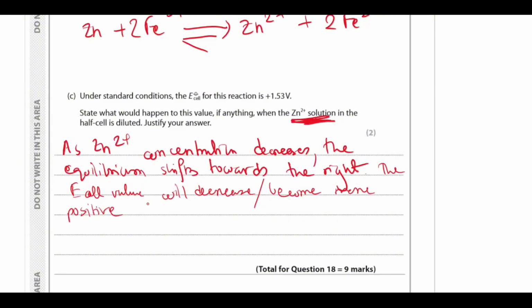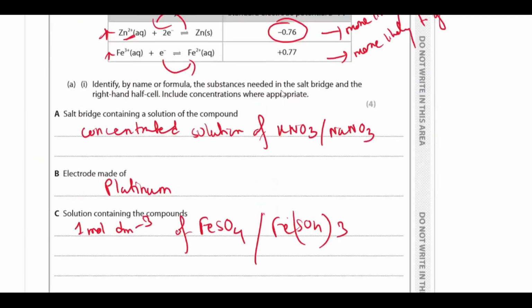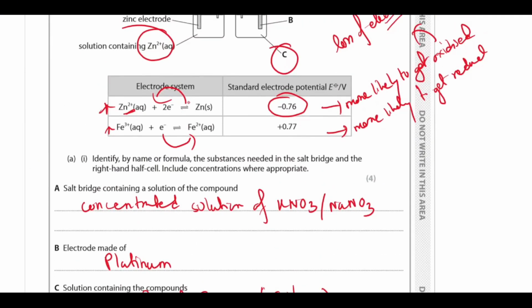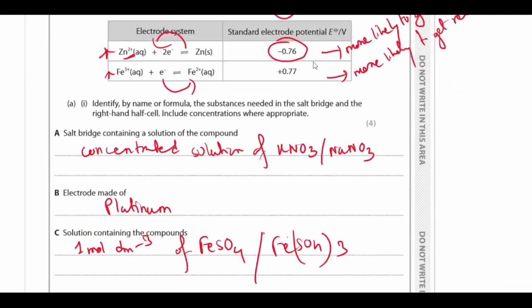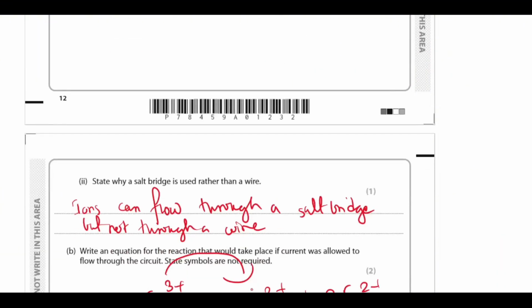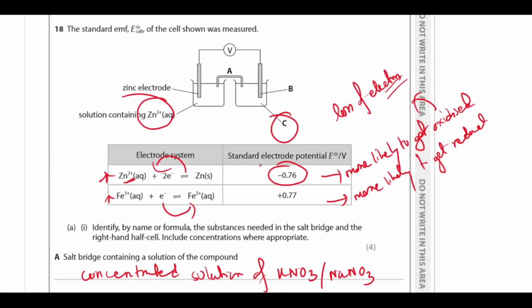Why is that the case? Because you can clearly see what is happening down here. This equilibrium is getting shifted to the right, because the concentration of Zn2+ is decreasing, so this value is going to get more negative. And we know that the formula is E reduction minus E oxidation, right?